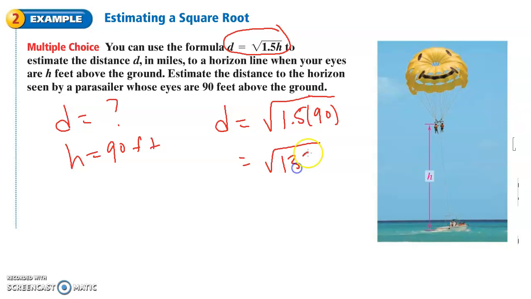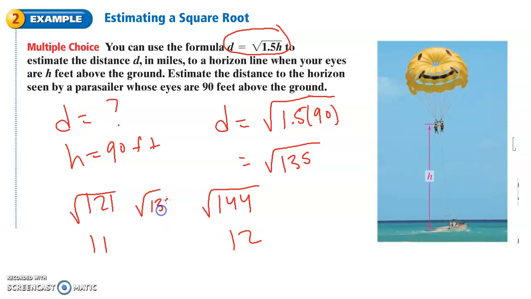Square root of 135. Now, if you remember, on our square root list, 135 is not a perfect square. 135 is somewhere between 121 and 144, where the square root of 121 is 11, and the square root of 144 is 12. So the square root of 135 is somewhere between them. So my question for you is, is the square root of 135 closer to 11, or is it closer to 12?